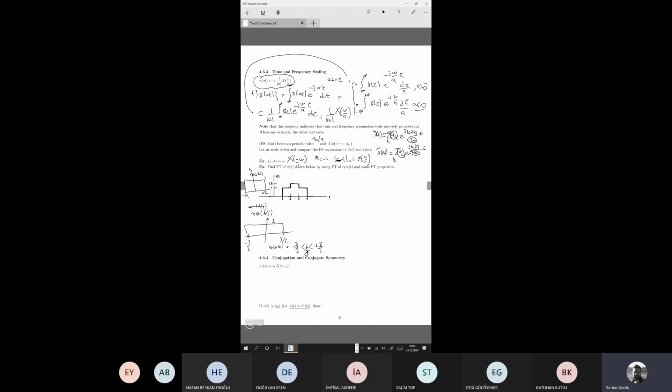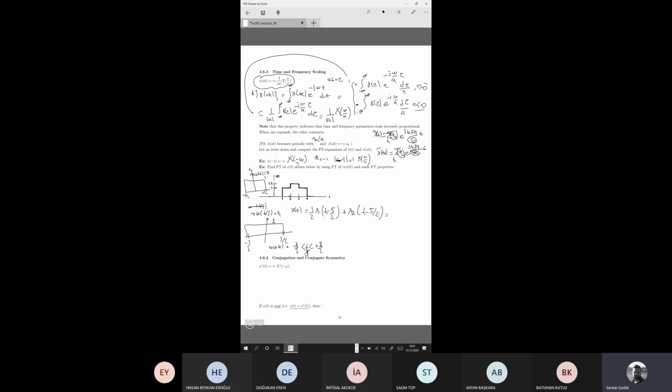Well, x of t is nothing but 1 over 2... So let's call this x1, this x2. It is nothing but 1 over 2 x1 of t minus 5 over 2 plus x2 of t minus 5 over 2.